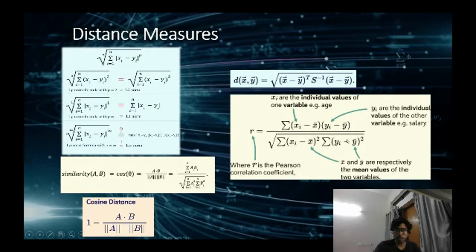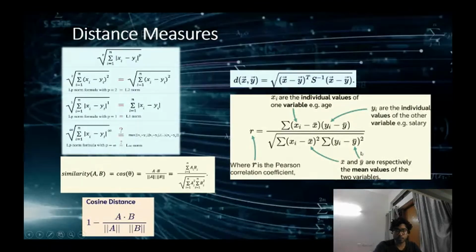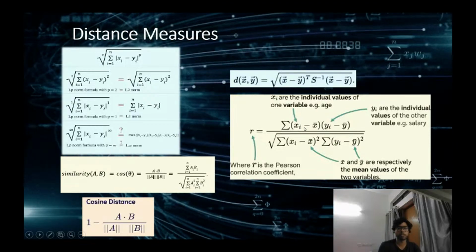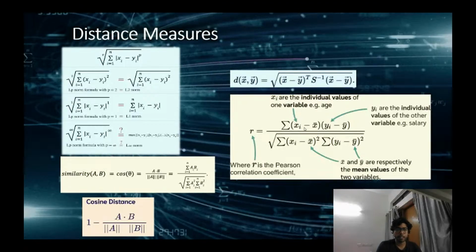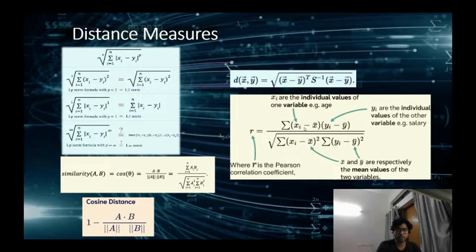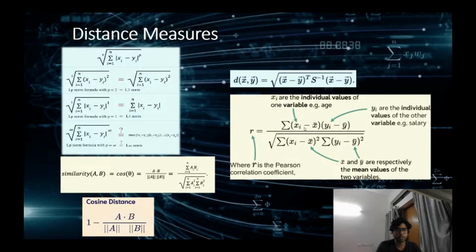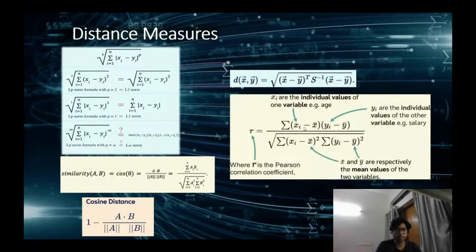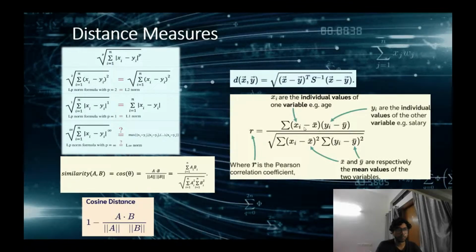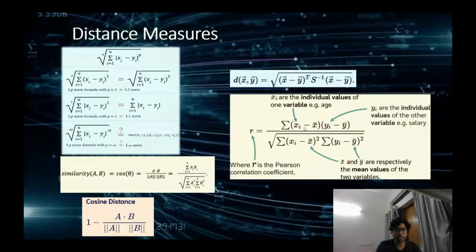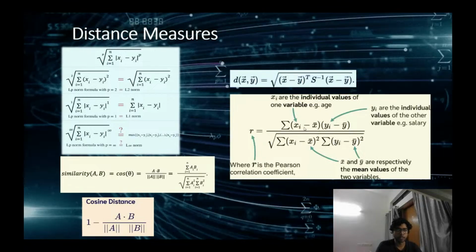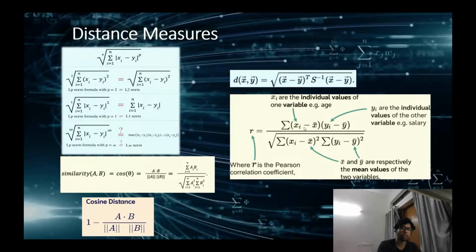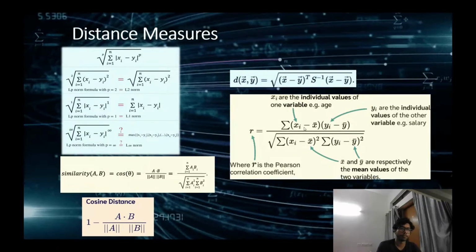I will not do the calculation of Pearson correlation again, but I did a detailed calculation of how to calculate the Pearson correlation in the recommender system lecture. So please go back to that lecture, where I did a detailed explanation of similarity.